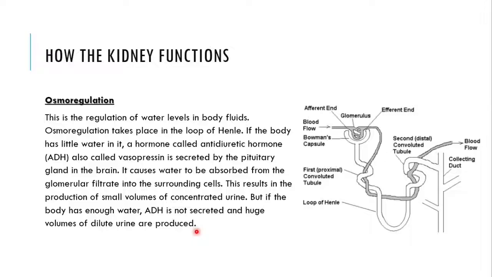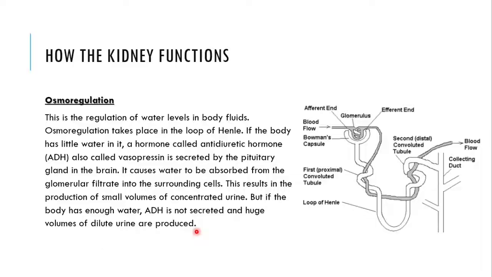So if the body has no water, ADH is produced. ADH stands for antidiuretic hormone. ADH is secreted by the pituitary gland. Now, what is the function of ADH? It will cause your body to absorb, okay? It causes water to be absorbed from the glomerular filtrate into the surrounding cells. What is the glomerular filtrate?